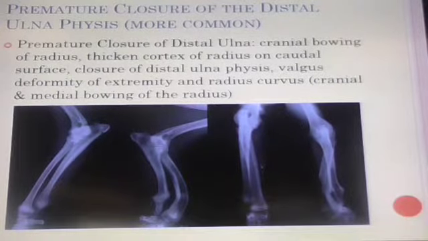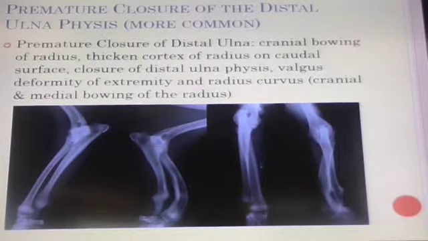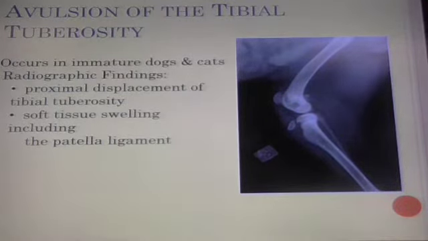Now, if you want to say something like this, it has an appearance of valgus, you can say that. But it's really not about valgus deformity. This is an avulsion fracture of the tibial tuberosity. Is it in its normal location?